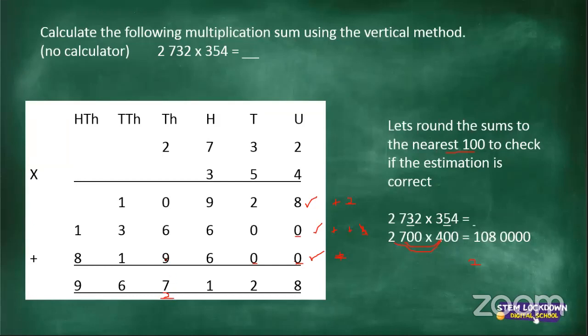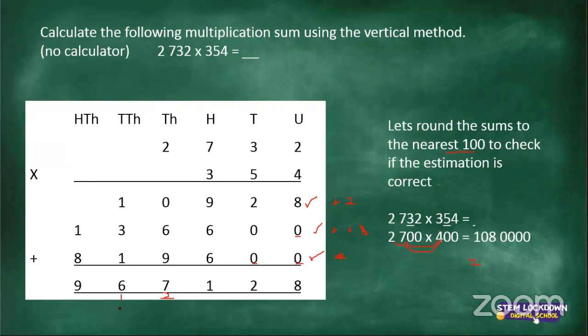Then we have 6 plus 2 is 8. And then 8 plus 9 gives us 17. So we put a 7 here and we carry our 1 here. So now we're going to add: 3 plus 1 is 4, plus 1 is 5, plus 1 is 6.